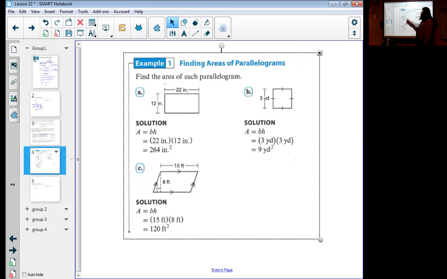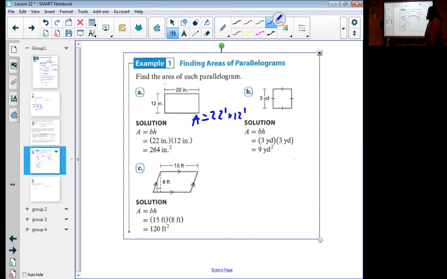So we have base is 22, height is 12. So A equals 22 inches times 12 inches. So we have 264. And then inches times inches is inches squared.